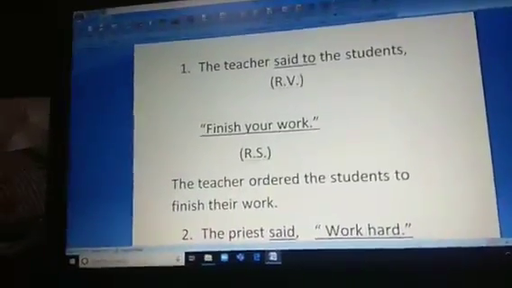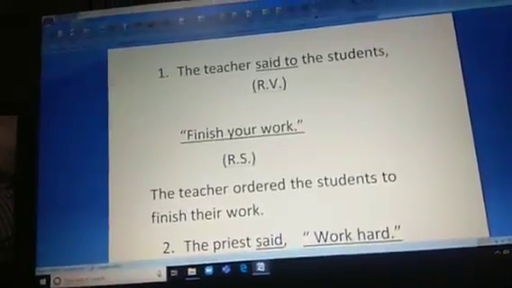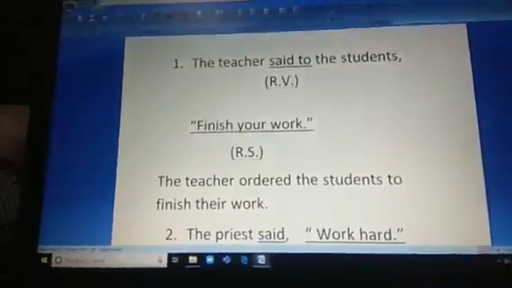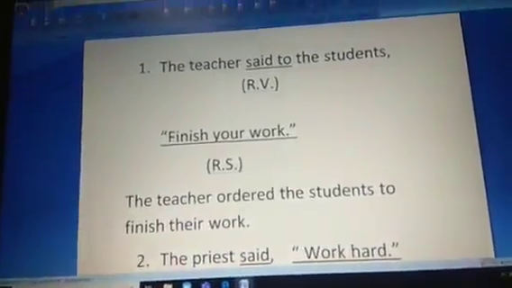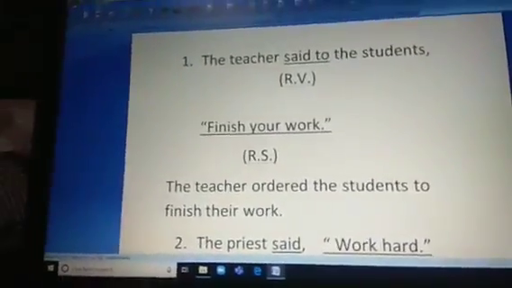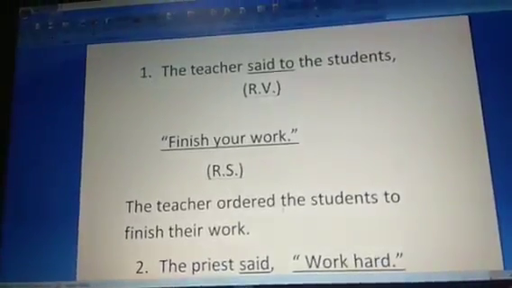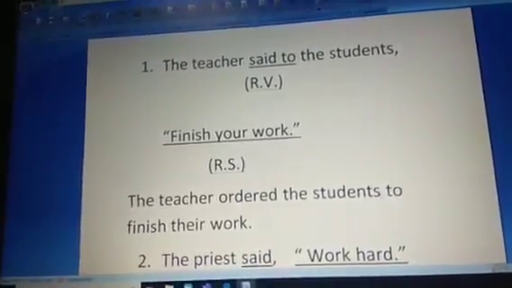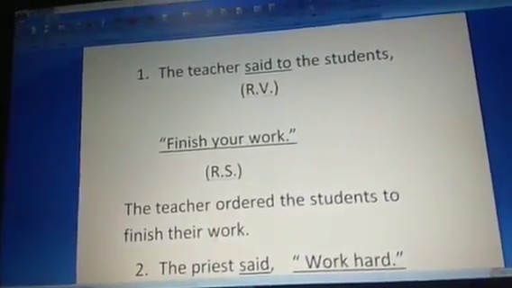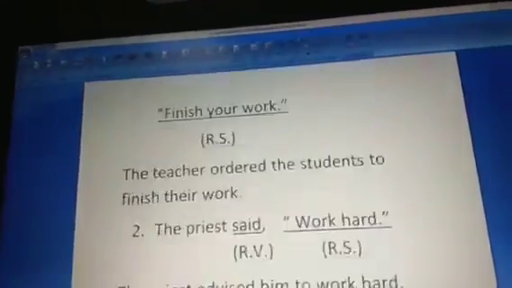And the first rule is that the reporting verb will be replaced by order, request, advice, suggestion, etc. And while converting the reported speech into indirect, we need to follow some important steps, and that is to place infinitive first, followed by V1, followed by object. So this sentence reads, the teacher ordered the students to finish the work.